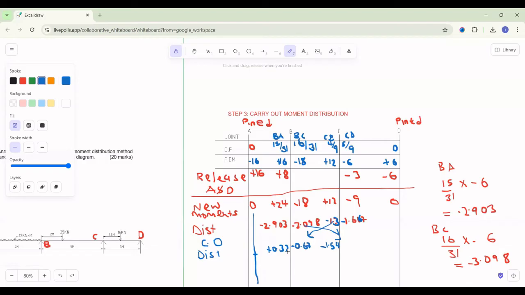Let me write it a bit lower. So it will be plus 0.32, and on this side it will be positive 0.34.